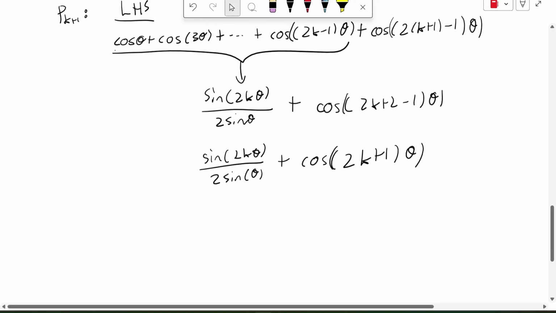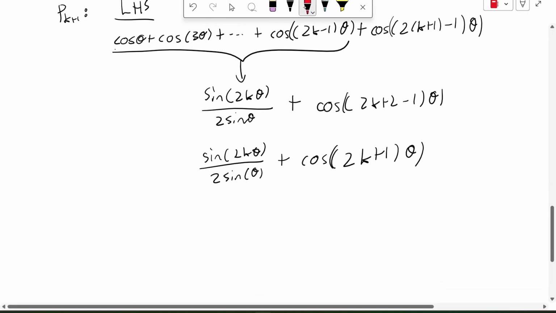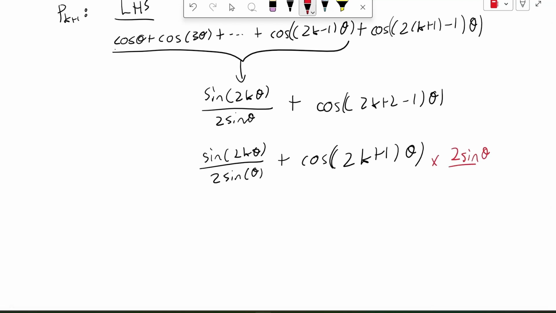Now, when we deal with fractions like this, usually the step is to cross multiply. So we're going to be timesing by 2 sine theta over 2 sine theta. Technically, since this one was over 1, we would times that by 1 over 1, but I'm not going to bother writing that because it won't do anything. So what that'll achieve is it'll get 2 sine theta on the bottom of the whole thing.